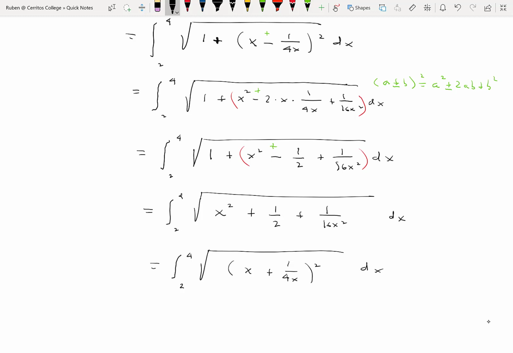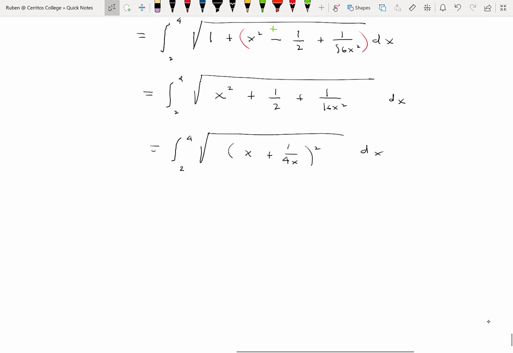And we have to recognize this in order to be able to integrate this. Like I said, this integral doesn't fit one of our models that we have in Chapter 7 or Calc 1. We just don't have that. But look, we're integrating now the square root of something squared. And all we have to do then is cancel the operations of squaring and square root.